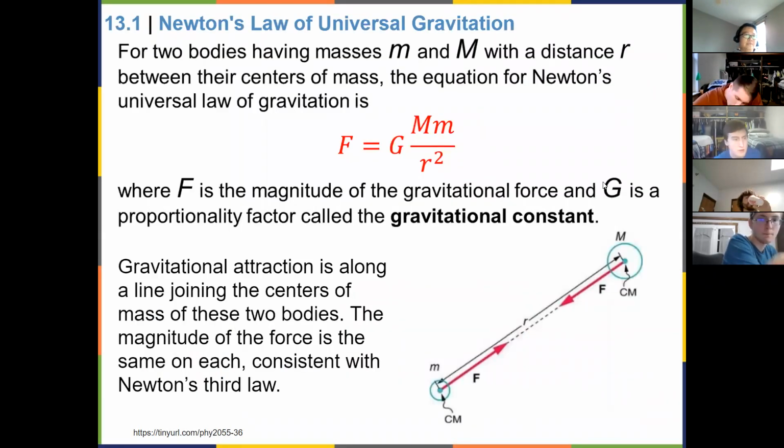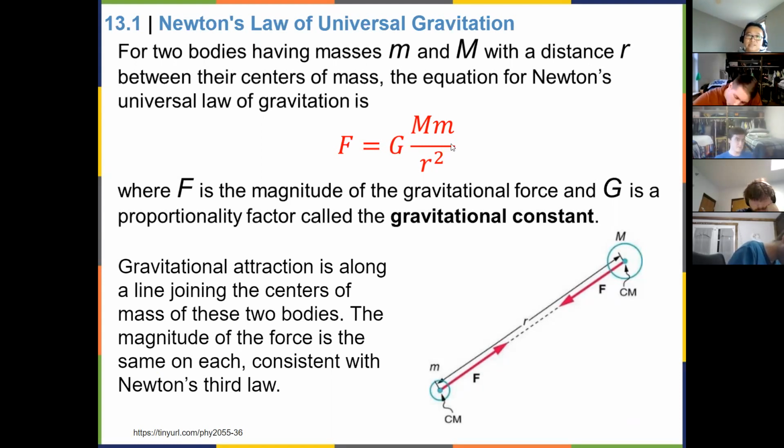So this is Newton's law of universal gravitation, which proposes that there's an attraction force between any two objects in the universe. That force is equal to a constant called G, the gravitational constant, times the masses of the two objects, capital M and small m, divided by the separation of the two objects squared. We refer to the separation between the centers of mass of the two objects.